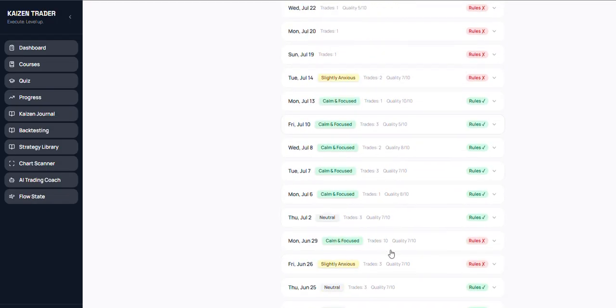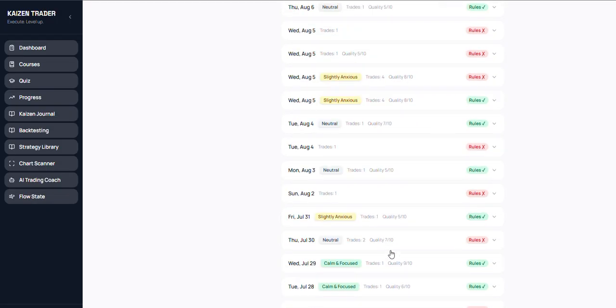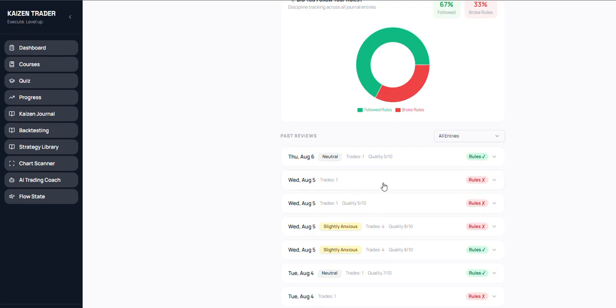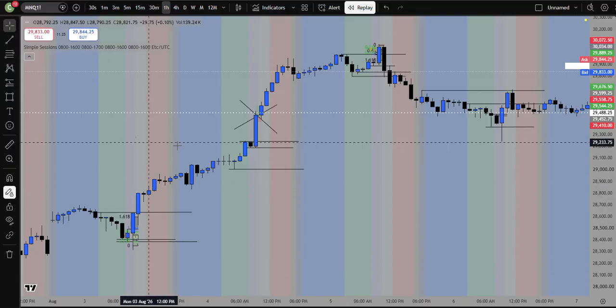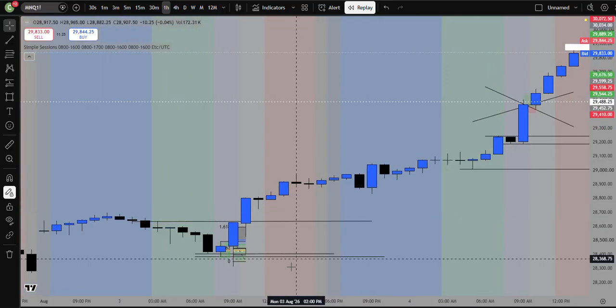I like to save screenshots, and I want to save the fact of whether I followed my rules or not, and all that stuff. If I have any suspicions about my trade, I will upload a screenshot and let my AI trading coach analyze it for me to see, did I actually do what I said I was supposed to do? So now let's go over Monday real quick.